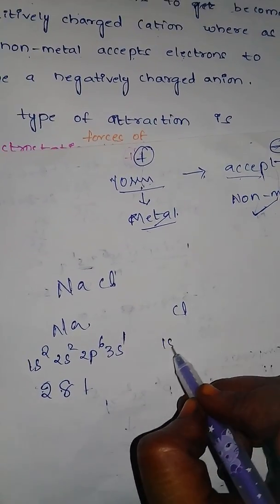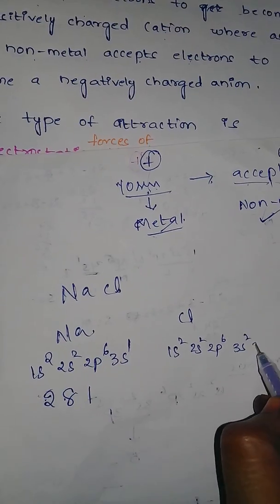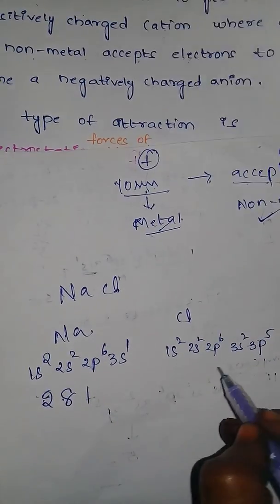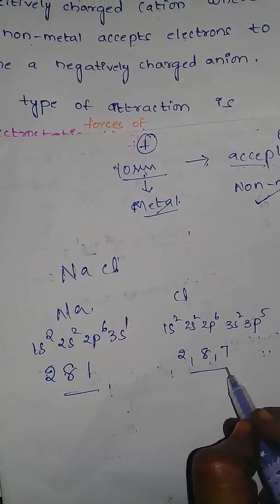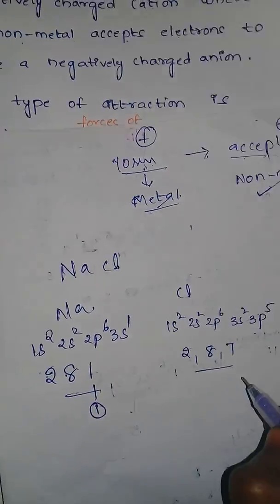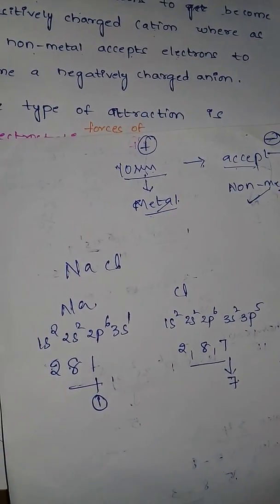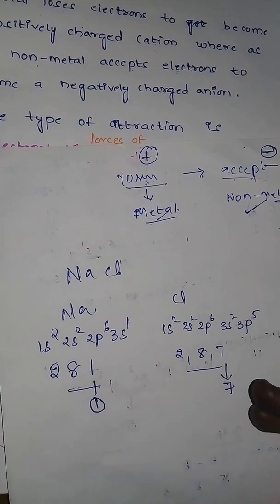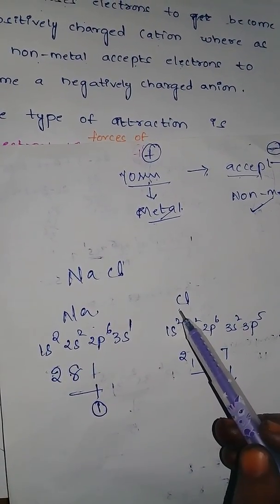Chlorine is 1s2, 2s2, 2p6, 3s2, 3p5, 17 electrons, 2, 8, 7. So in the outermost shell, sodium has 1 electron and chlorine has 7 electrons. Sodium and chlorine attain stable configuration like noble gases.